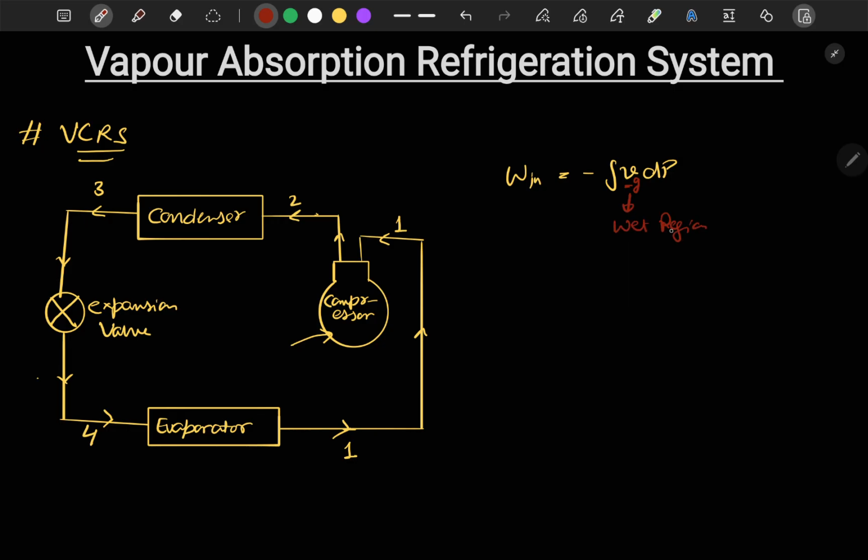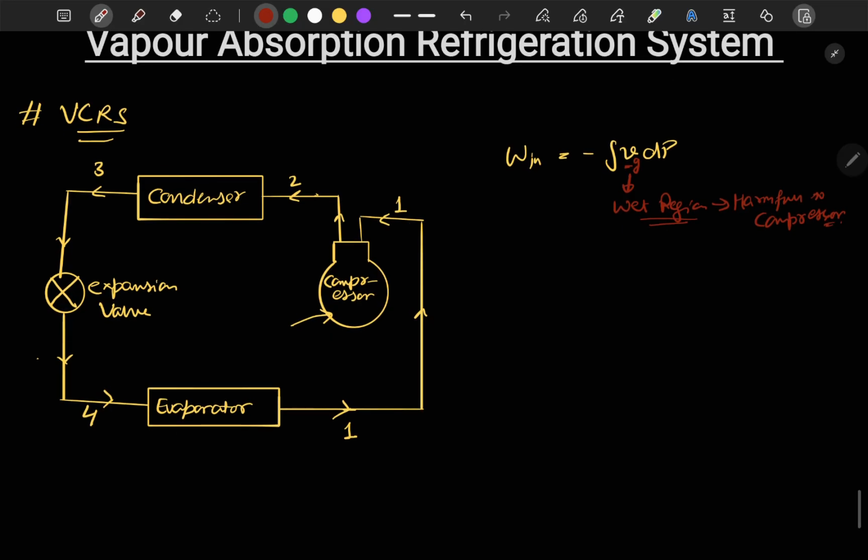In the wet region the specific volume is less, but in the wet region it is harmful to the compressor. To overcome this difficulty, let's consider V to be Vf. We know that the Vf value is very much less than Vg.